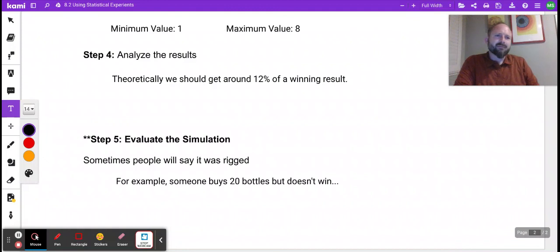Well, not necessarily. Your sample size isn't big enough. Now, if you bought 100, and you didn't win, then something's skewed because you should have won. You should have won at least 12 or 13 times, and you won 0.